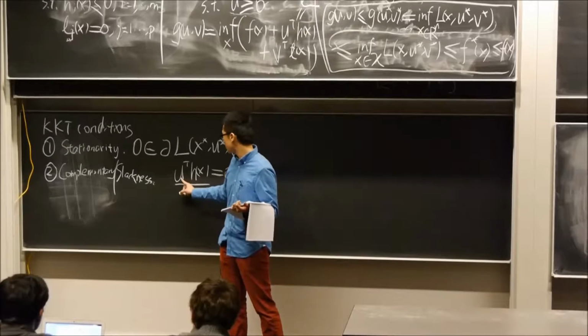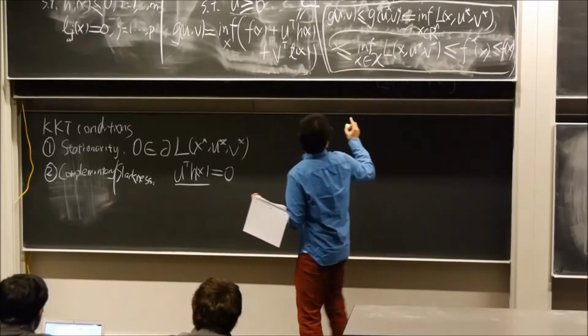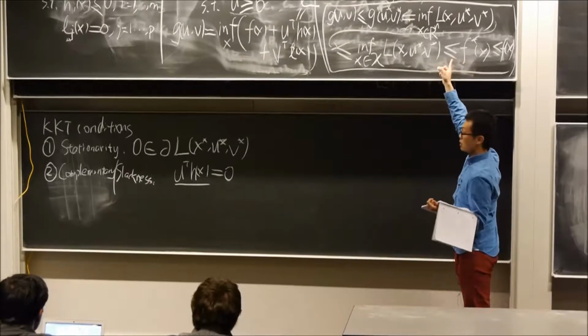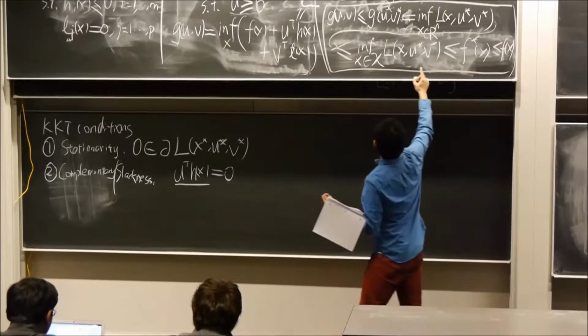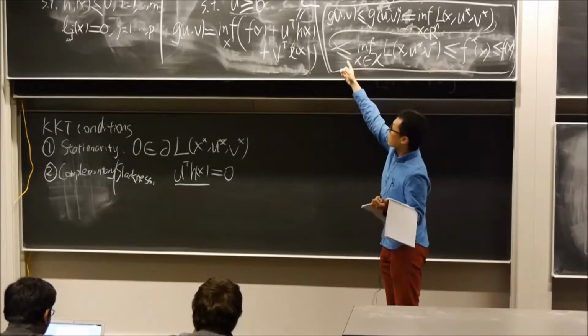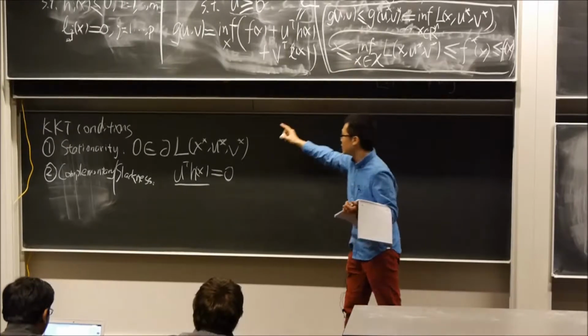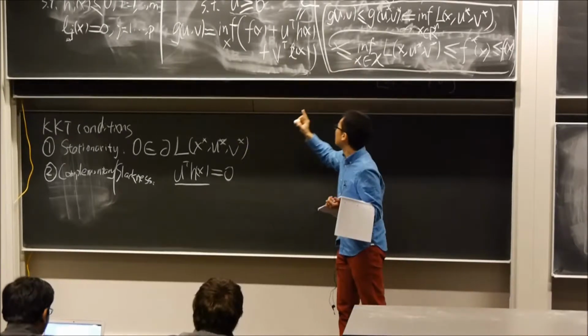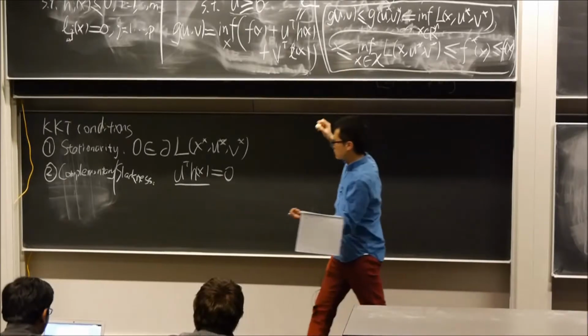So if either one of these is actually 0, then we will have the equality here. And the first condition actually corresponds, in an informal way, to the inequality sign here. If the Slater condition verifies, then this condition makes this inequality an equality.